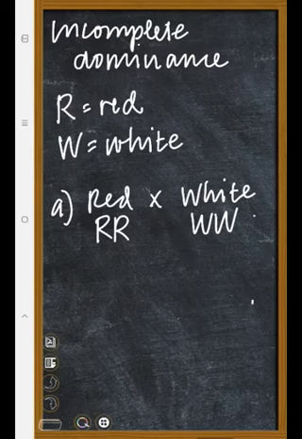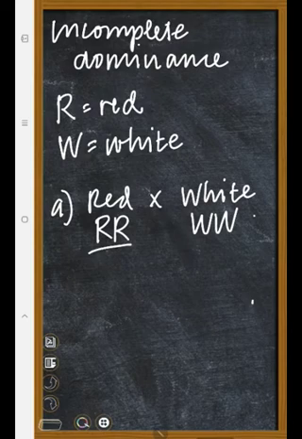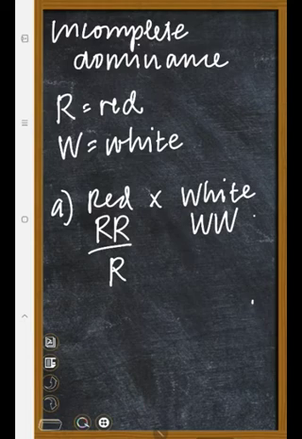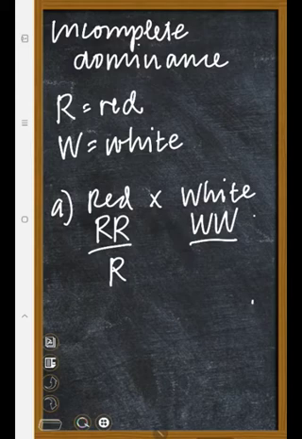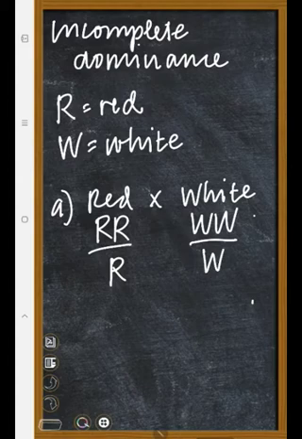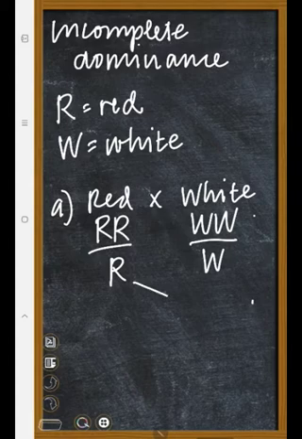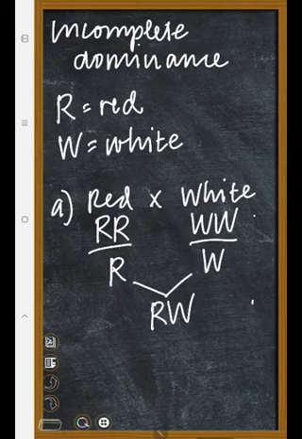But now when you cross these two, where you have two contrasting traits, we know that the red parent, being homozygous, will produce gametes that contain only the allele big R for red. While the plants with white flowers, being homozygous also, will produce gametes that only contain the big W allele. So during fertilization, these two gametes will combine to form the genotype of the zygote, which is RW.